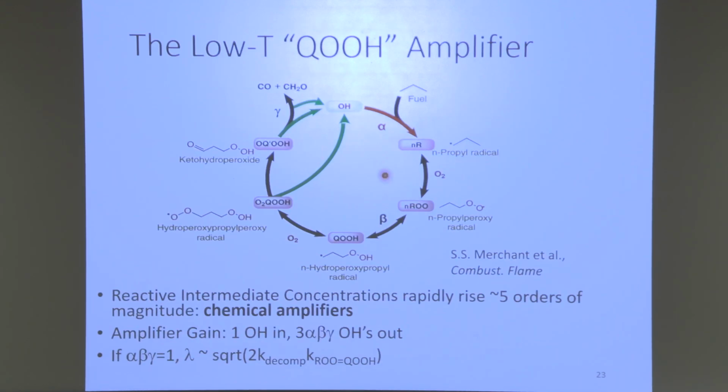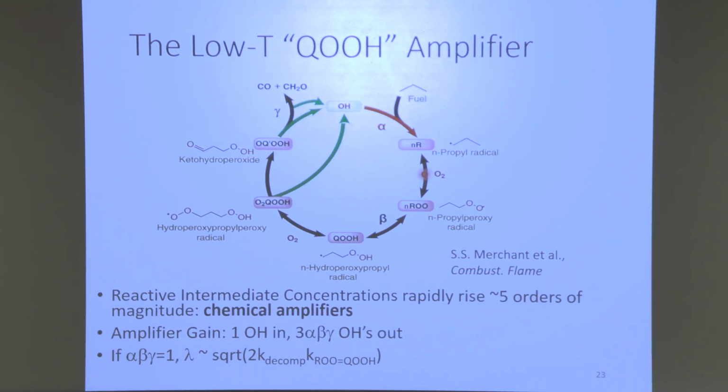And a good way to understand the low temperature amplifier is to say, well, the OH reacts with fuel, makes the R radical, which adds O2 to make ROO. This equilibrates to QOOH, this adds O2, and then this one breaks. It does another isomerization that breaks it, and kicks out an OH, and then kicks out the second OH.